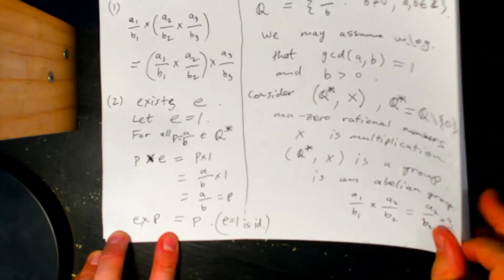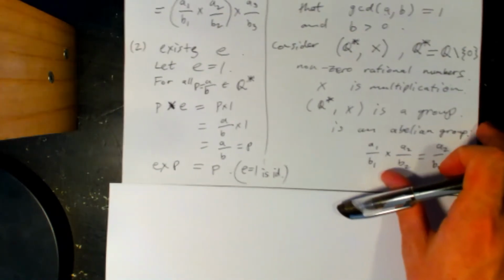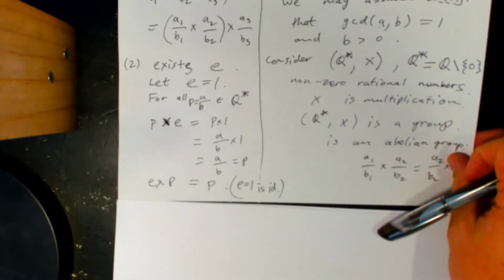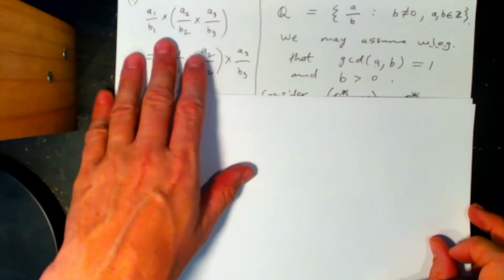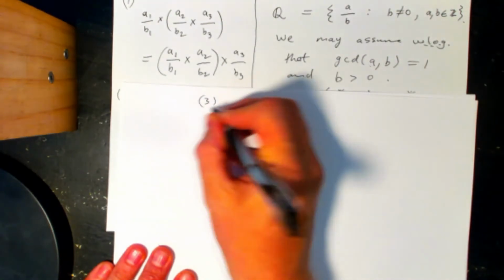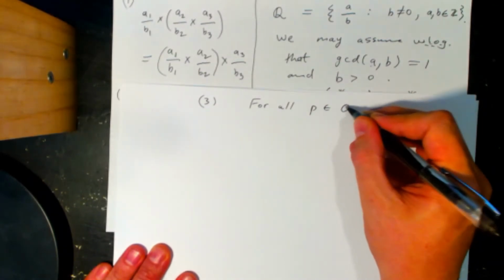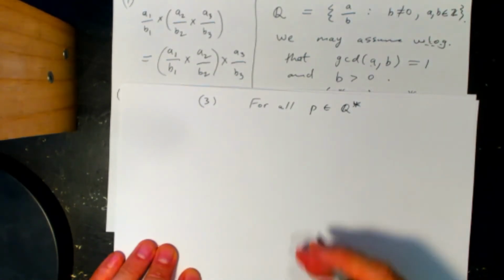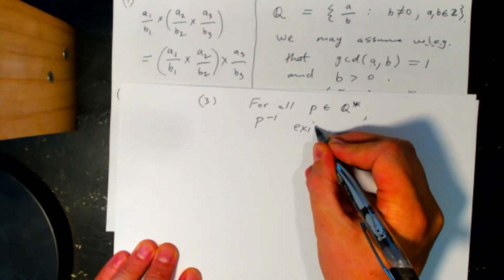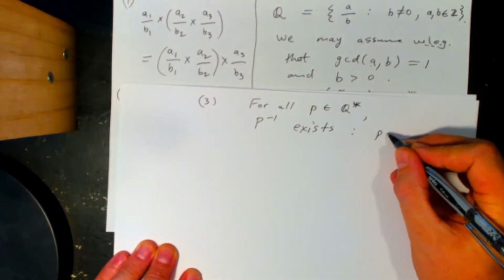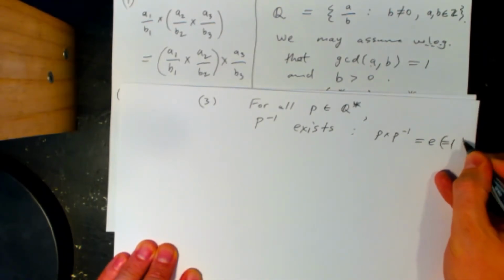Now we have one more axiom, which is to show that every element has an inverse. Yeah, I'll just put my paper over the top. Okay, so axiom 3. So for all P belonging to this set, non-zero rationals, P inverse exists such that P times P inverse gives us E, but here E is just 1.